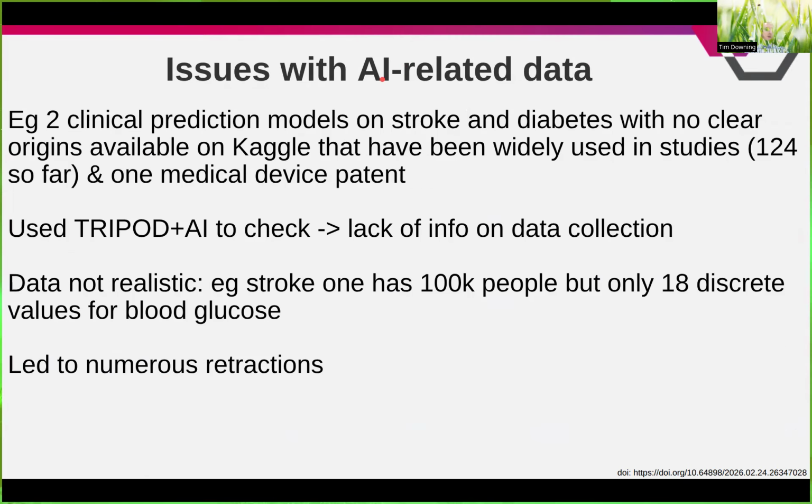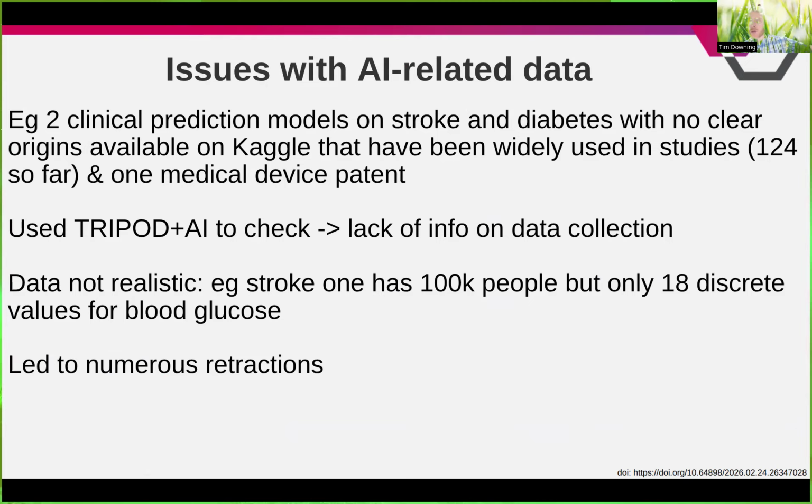So, issues with AI-related data. We could do a whole course on AI ethics, where we're more focused on the statistical aspects, but it's worth bearing in mind that data provenance is very, very important. There have been at least two clinical prediction models for stroke derivatives with no clear data origins. They're available on Kaggle and they've been used in 124 studies so far and one medical device patent.